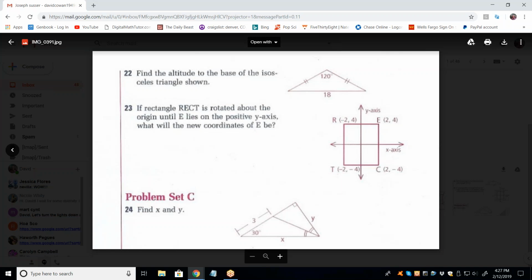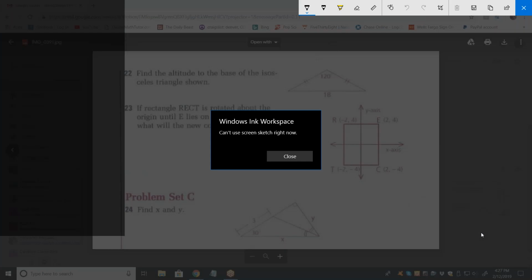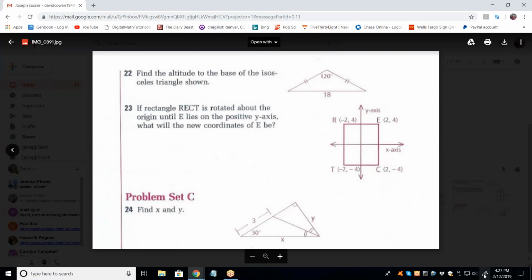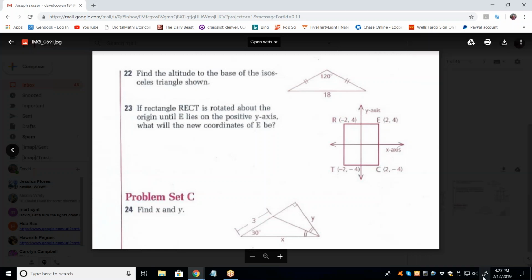Let's see if we can find the altitude of this real quickly. I'm sure you can do it in less than 3 minutes. Whoops. At least if I don't slow you down. My screen sketcher is out of action for the moment. No, it isn't. Here it comes.